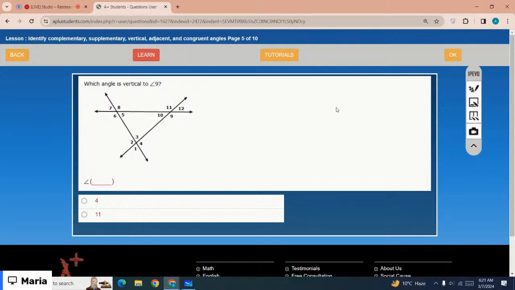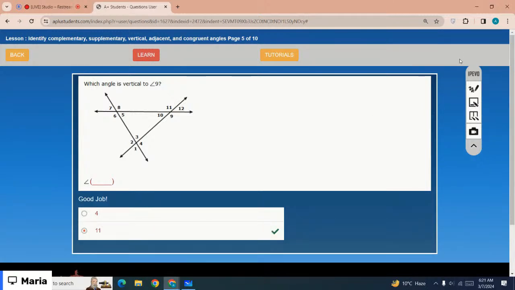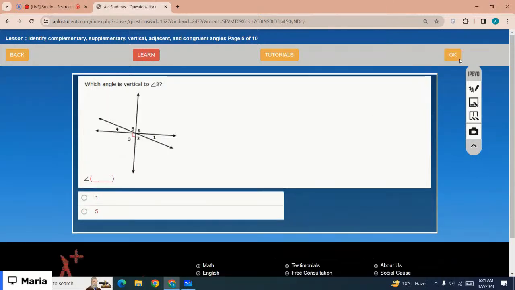Yes, that is angle 11, that is vertical to angle 9. Which angle is vertical to angle 2?